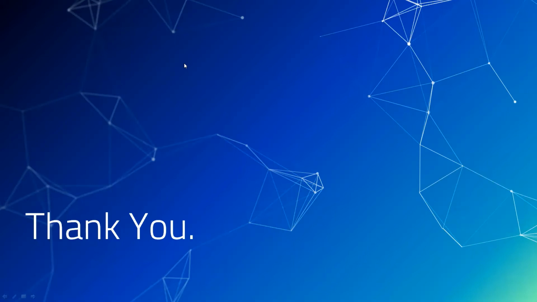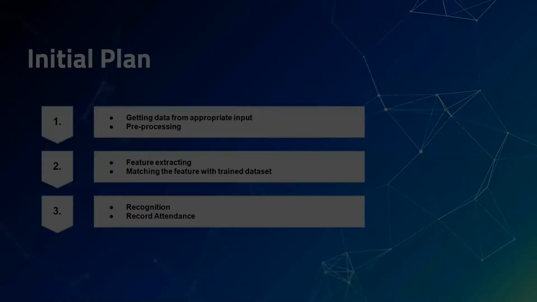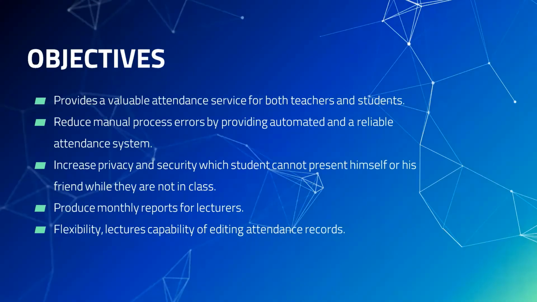Kavya ma'am wants to see your objectives. Can you go to the objective slides? One suggestion that Kavya ma'am is making is that the objectives have been written as features.